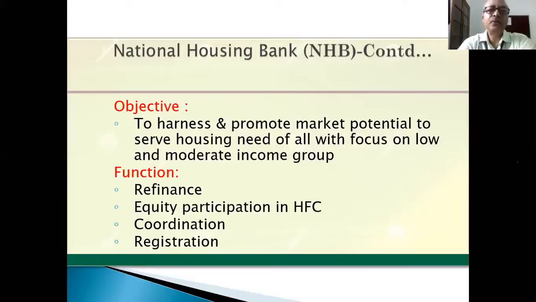So that way also it can provide financial support. Then again, like other development financial institutions, it has the role of coordination with other institutions which are engaged in housing finance. And finally, from 2000 onwards, it has also been mandated to do the registration of the housing finance companies.